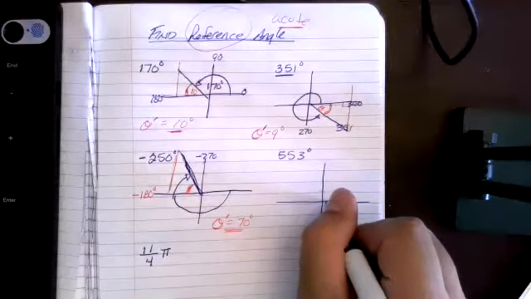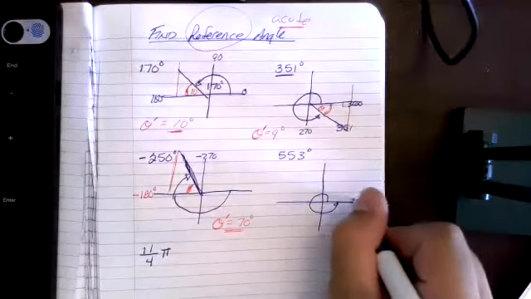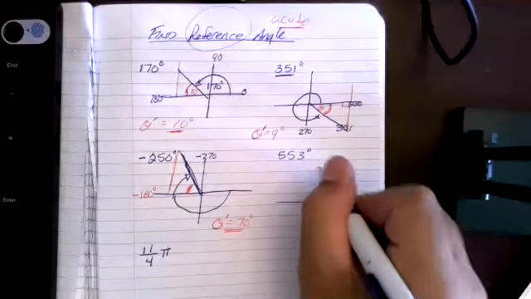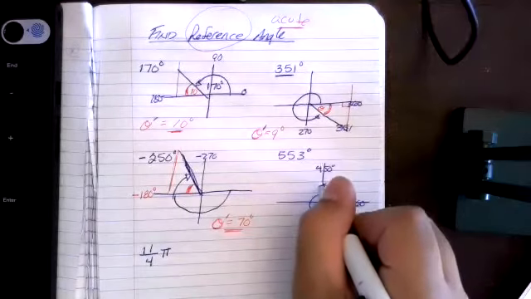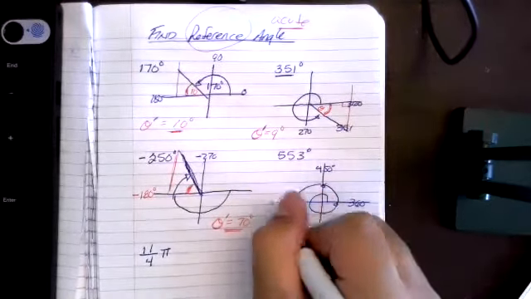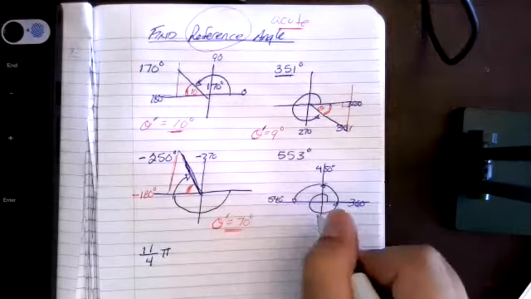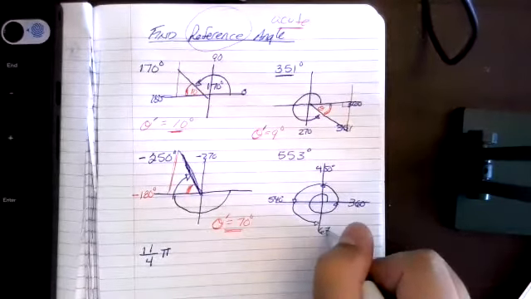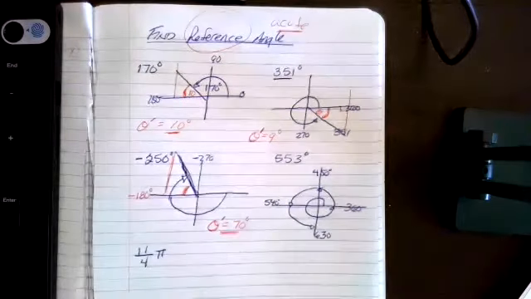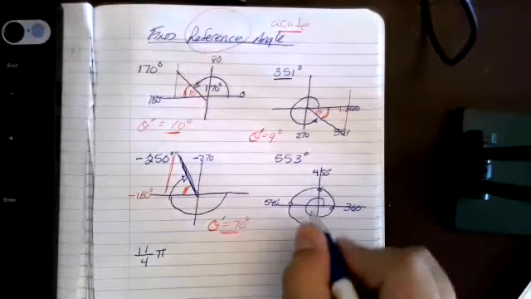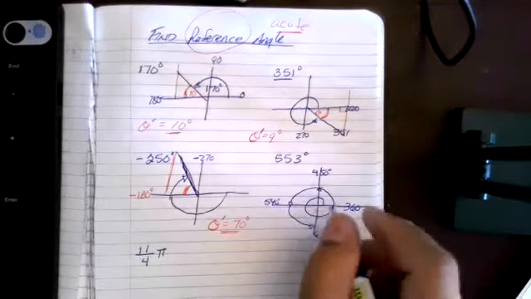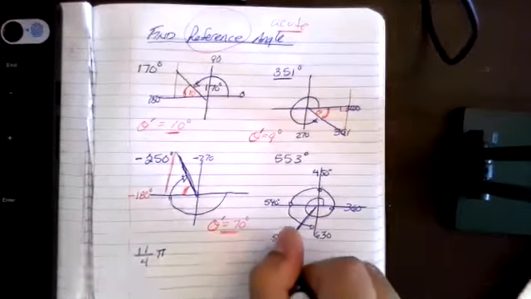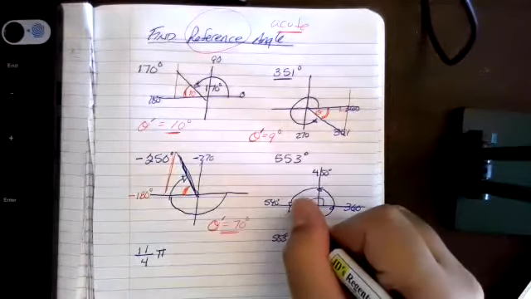553. Well, I know that this is 360. And to bring it up here would bring me to 450. And this would bring me to 540, and this would bring me to 630. Therefore, this angle has to be in this third quadrant. 553, I believe, would be in here.